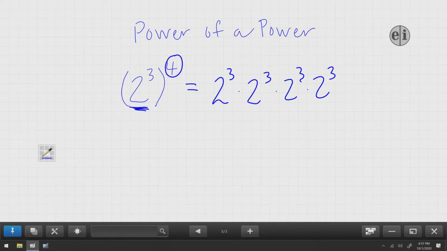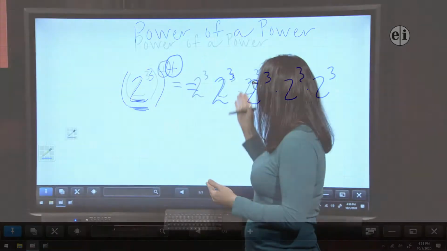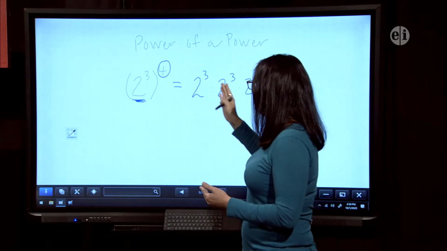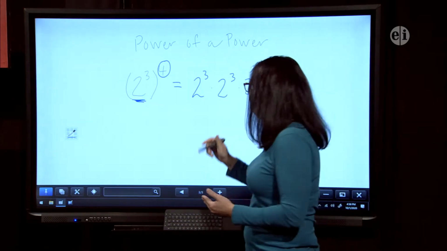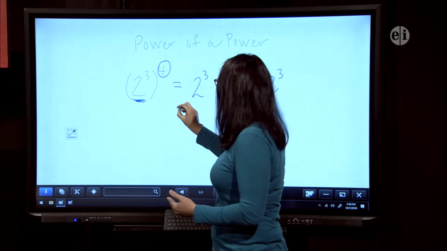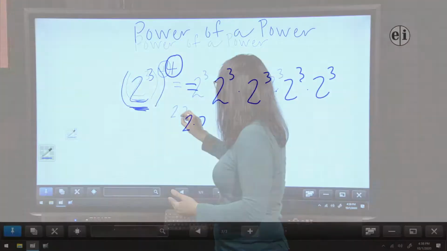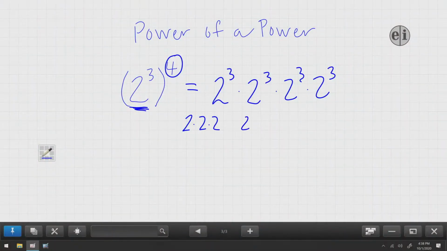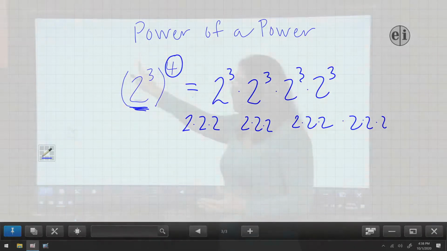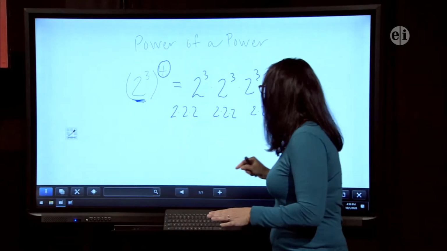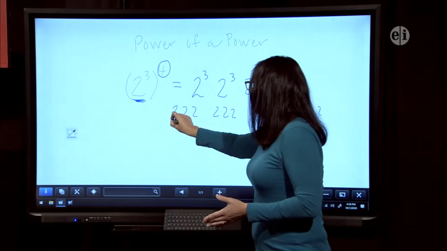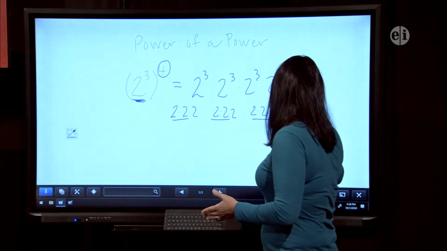So you're actually doing 4 copies of 2 to the 3rd power. And at that point, that's where we're, quote, adding. But really, you can take it a step further, and you have 3 copies of 2 multiplied together, 3 copies of 2 multiplied together, and the last one. We have 4 sets. This means 4 copies of 3 2s multiplied together. So what you come up with is 8 times 8 times 8 times 8.